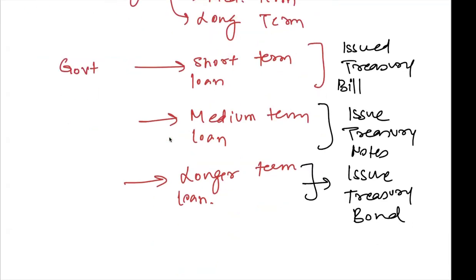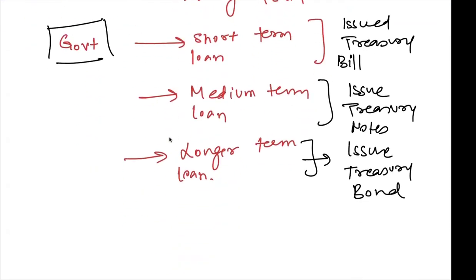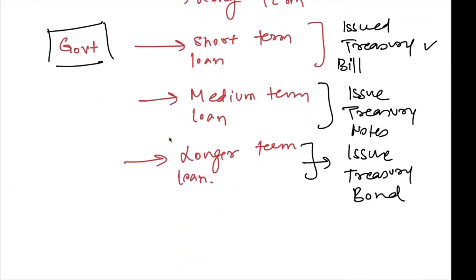So if government wants money from the public, depending on the type of loan, they'll issue securities. They can issue a treasury bill, treasury notes, or treasury bonds. But what is this term treasury?